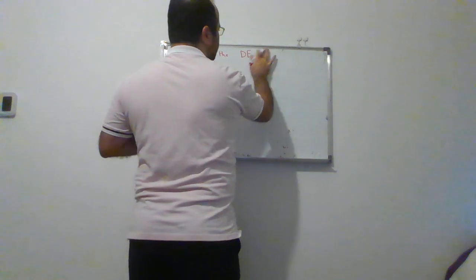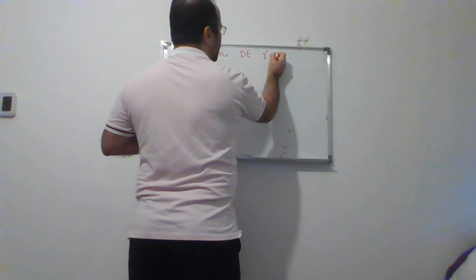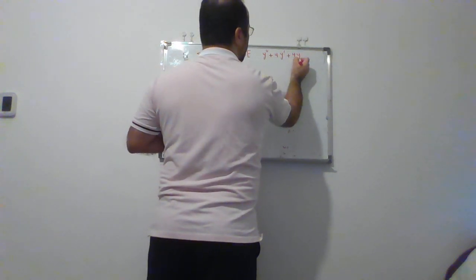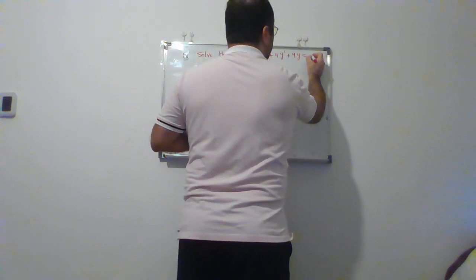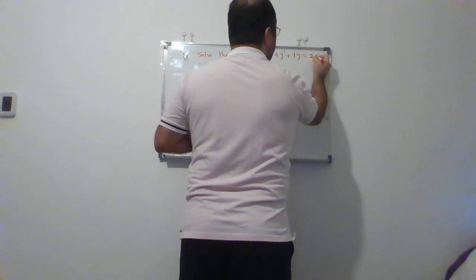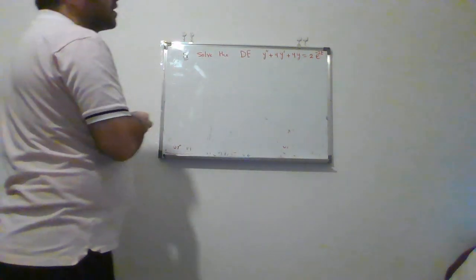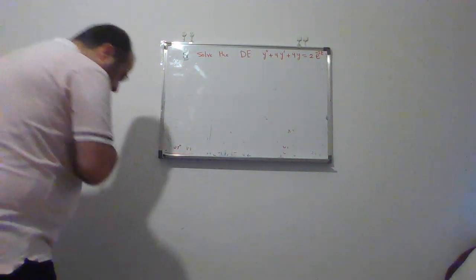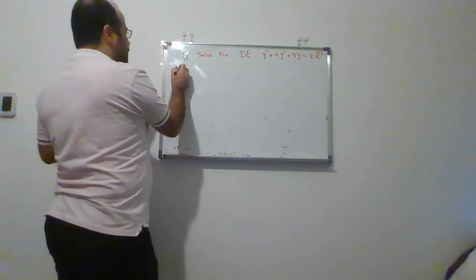Which differential equation? I'm writing here y double prime plus 4y prime plus 4y equal to 2 e power minus 2t, and I'm writing t now. I like to change the independent variable so that you can get the idea if the independent variable is changing.